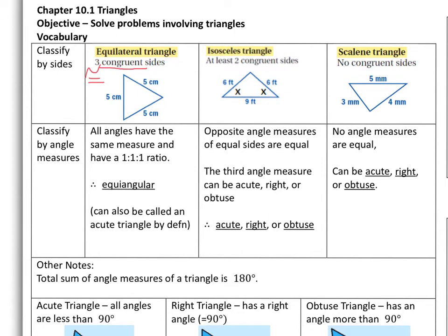And for an isosceles triangle, we have at least two congruent sides. For a scalene triangle, we have no congruent sides.